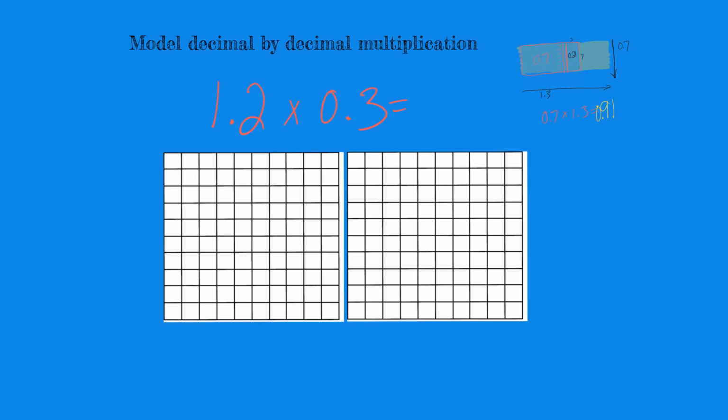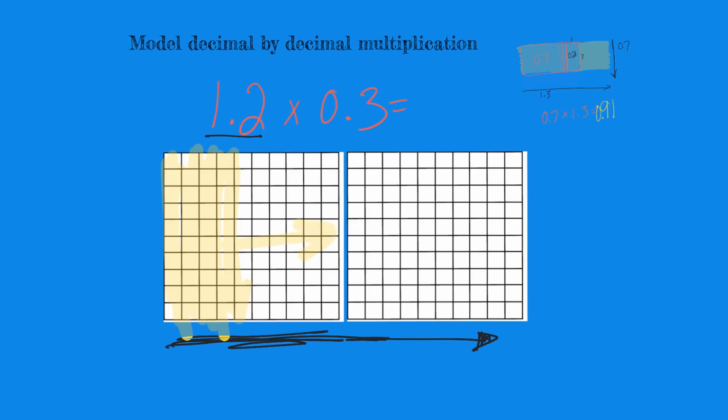So let's go ahead and do another one. For this next example, we're going to model 1 2/10 times 3/10. Using the same method, for our 1 2/10, we're going to model this way. We're going to fill up an entire one whole and then 2/10 here. So we'll grab our marker and fill in one whole.